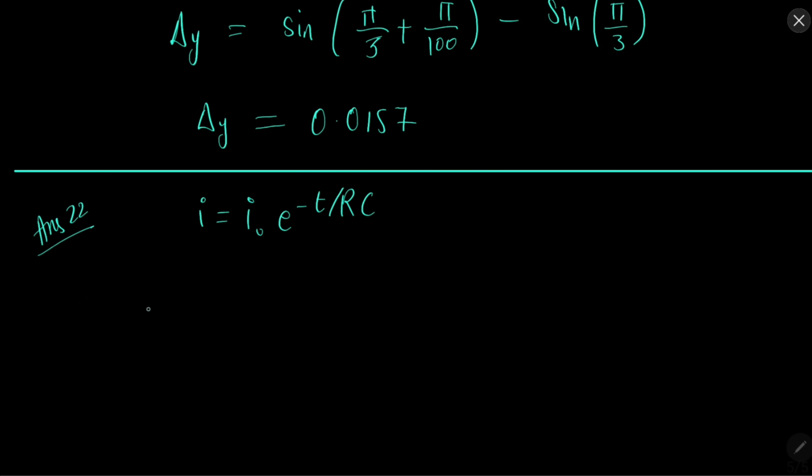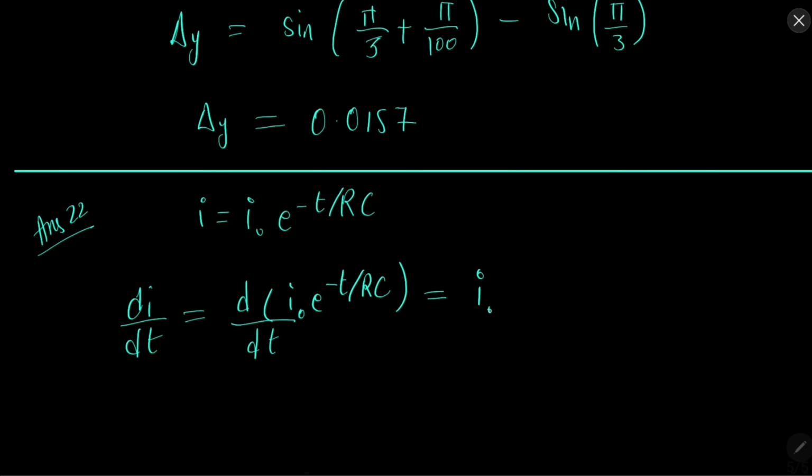So rate of current, that is di over dt. Rate of anything is the differentiation with time. So d over dt of I naught e to the power minus t over RC. I naught is constant, let's take it outside.